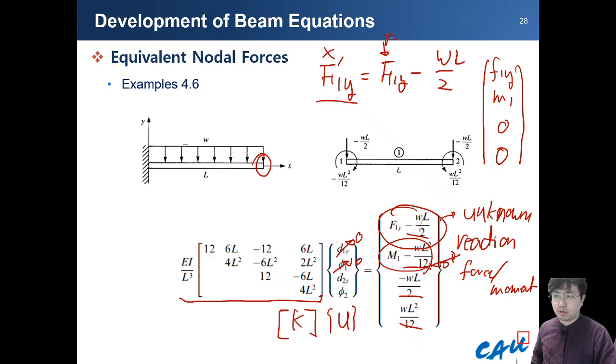This is a real reaction. However, this force can also be handled as a reaction force in the global stiffness equation, so that to obtain the exact reaction forces, you should check that relationship.